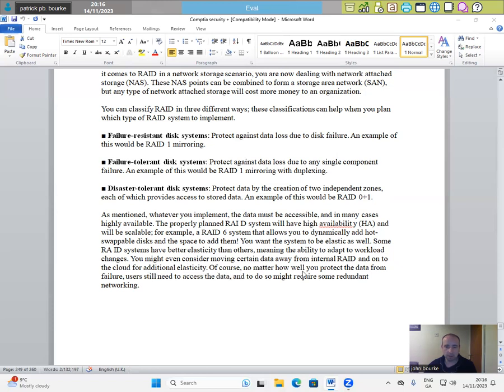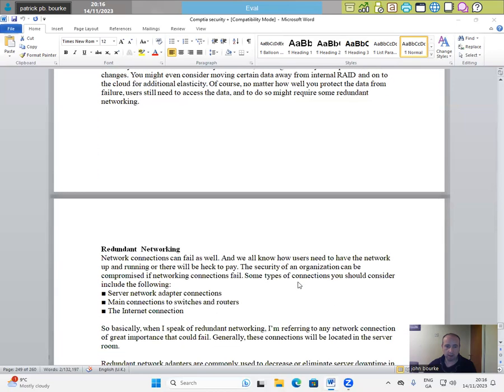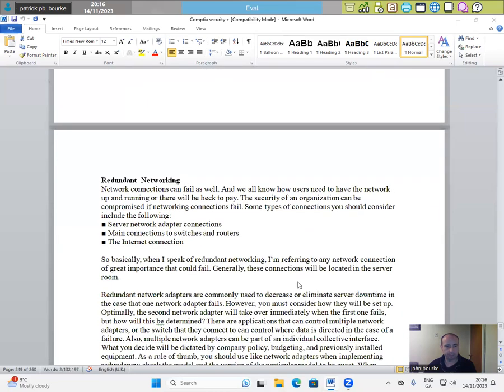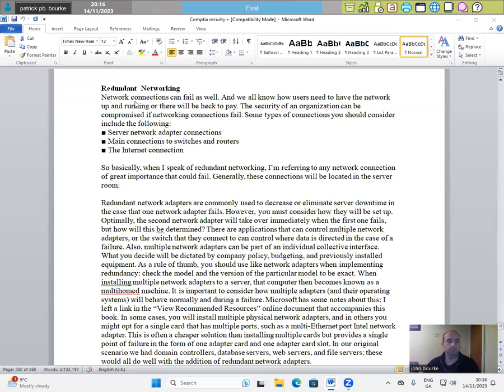Of course, no matter how well you protect the data from failure, users still need to access the data, and to do so might require some additional networking. Redundant networking. Network connections can fail as well, and we all know how users need to have the network up and running, or there will be heck to pay.